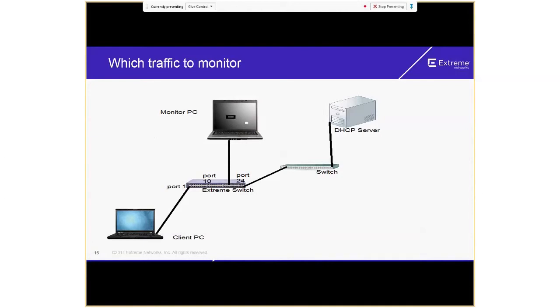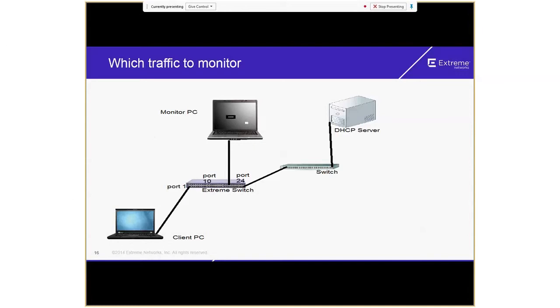So what I told them to do is monitor port 1 and port 24. I would send the traffic from port 1 and 24 onto port 10, where I connected a PC, and on the PC I ran Wireshark captures. This way, if the Extreme switch is causing an issue, I should see the traffic coming into port 1 and going out through port 24.